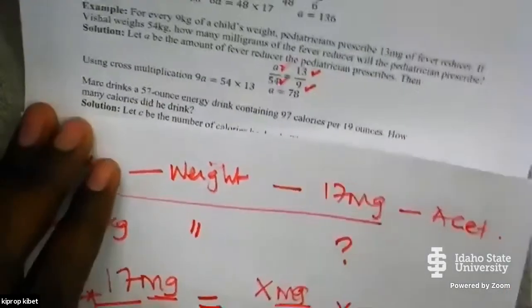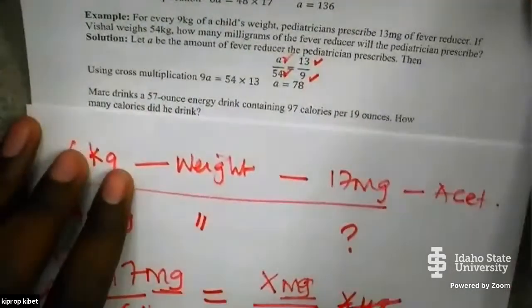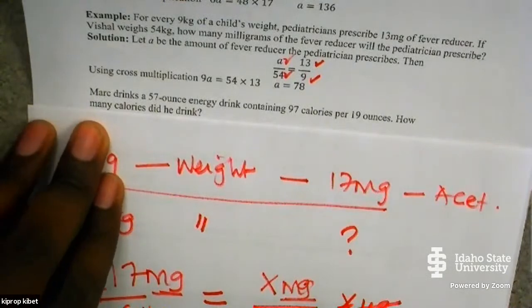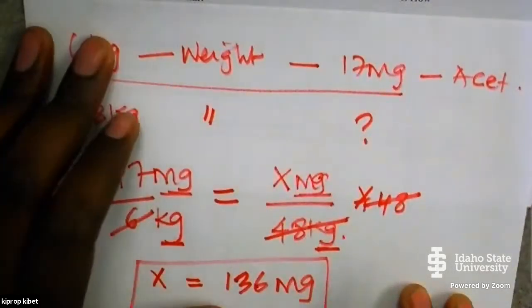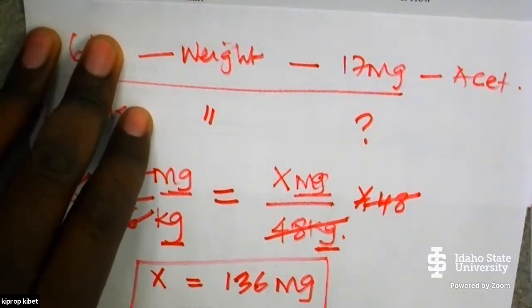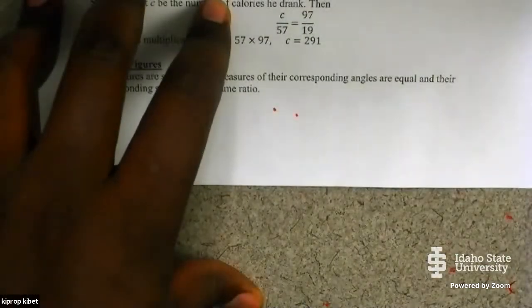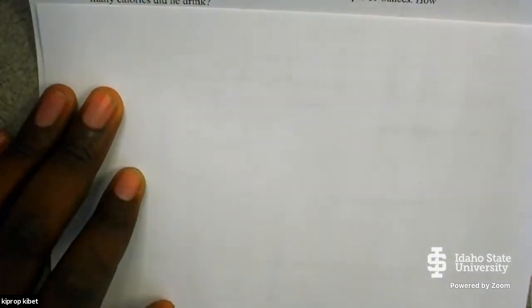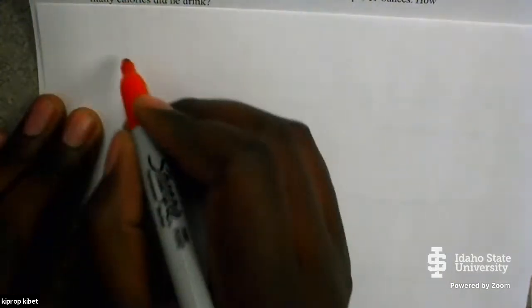Okay, another one here. So Mark drinks 57 ounces of energy drink.